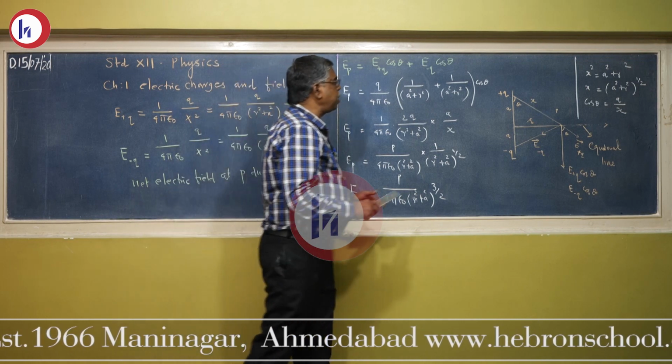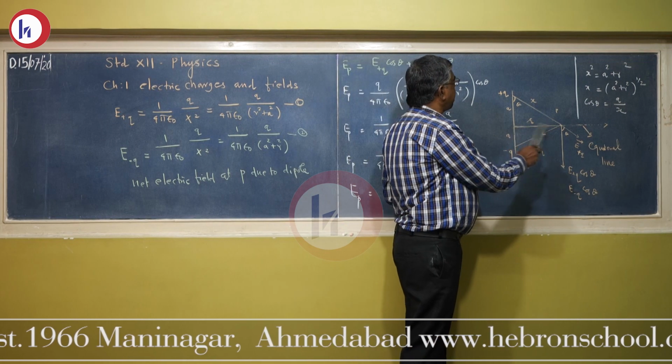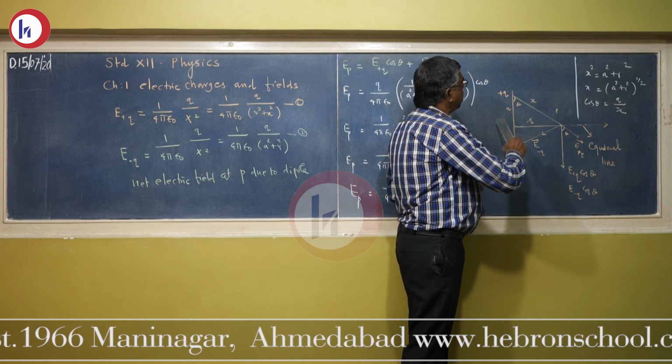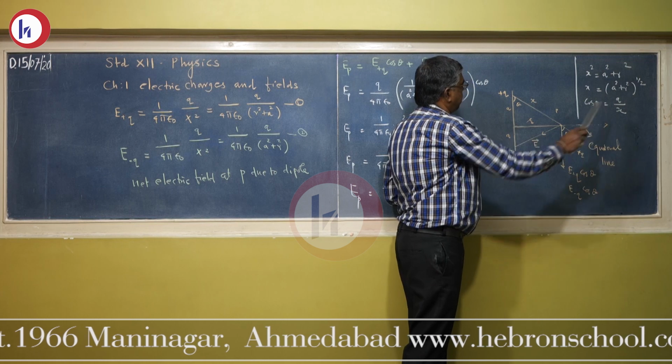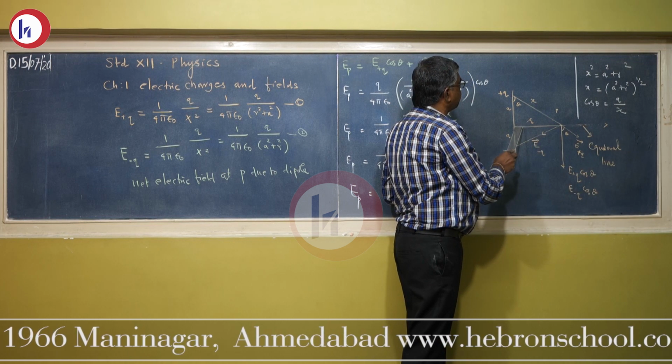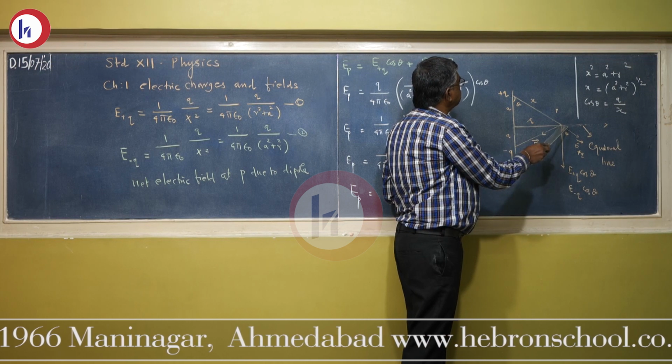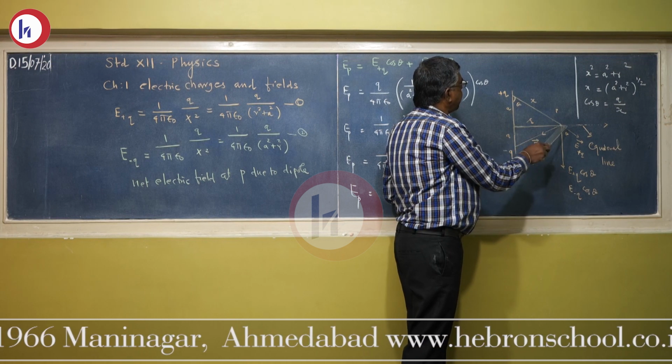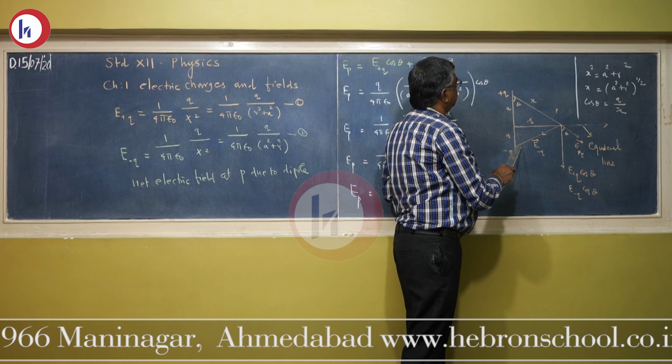So repeat once again. Now we are supposed to find the electric field at point P on the equatorial line. Now the point P is a distance r from the center of the dipole, at x distance from the positive charge and x distance from the negative charge.